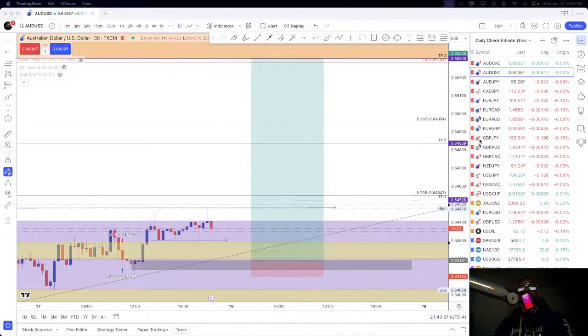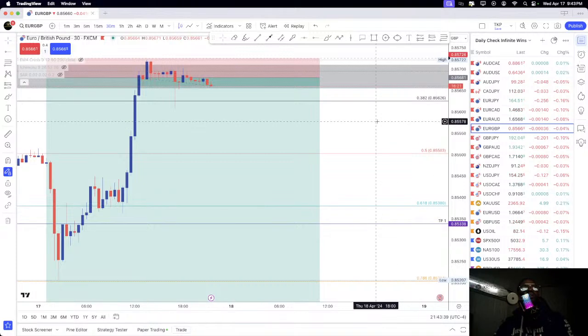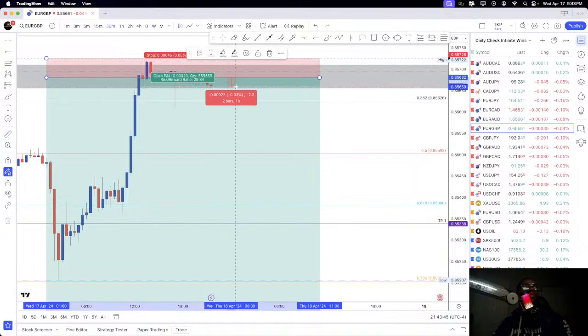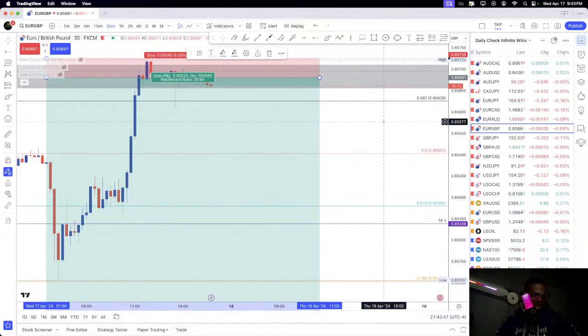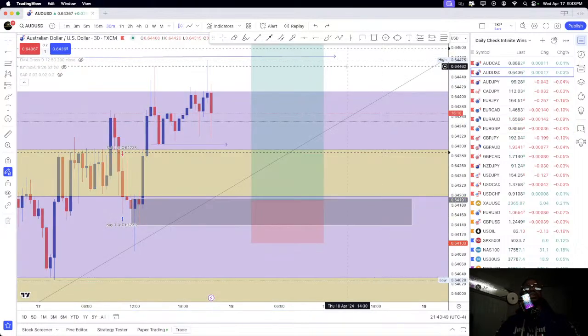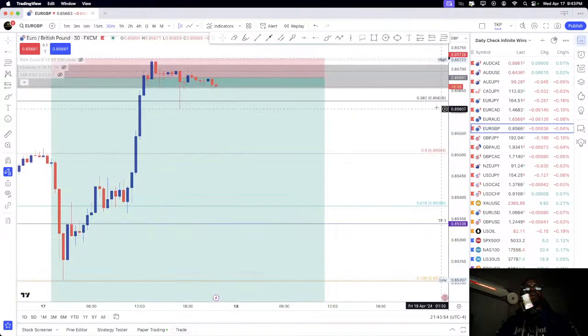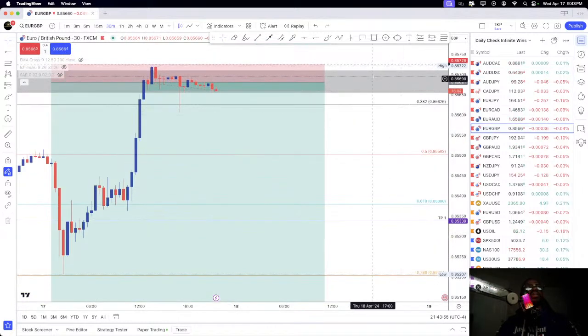And we also got a sale on Euro Pound that we called earlier. It's only 2 pips away from the entry. So let me show you that stop loss real quick. That stop loss is right above the high.